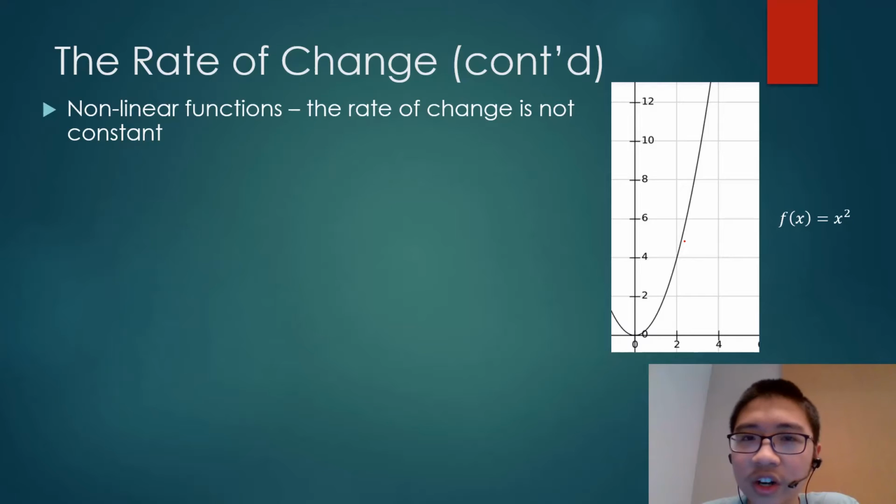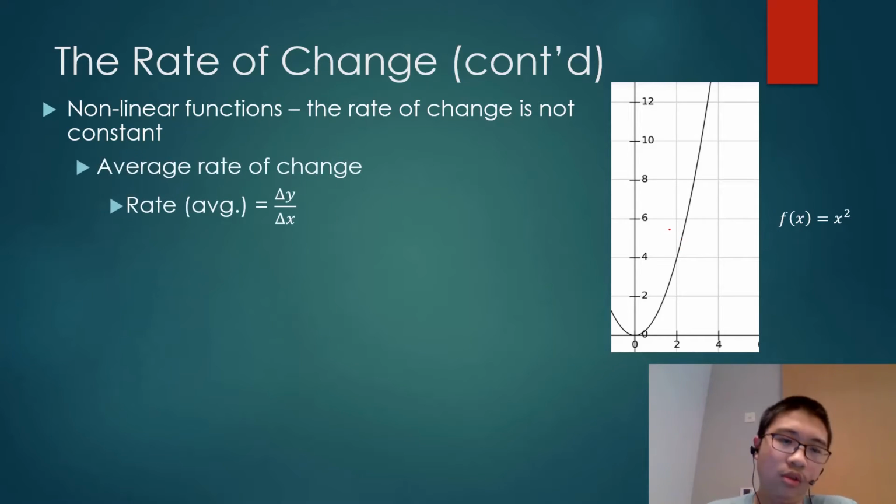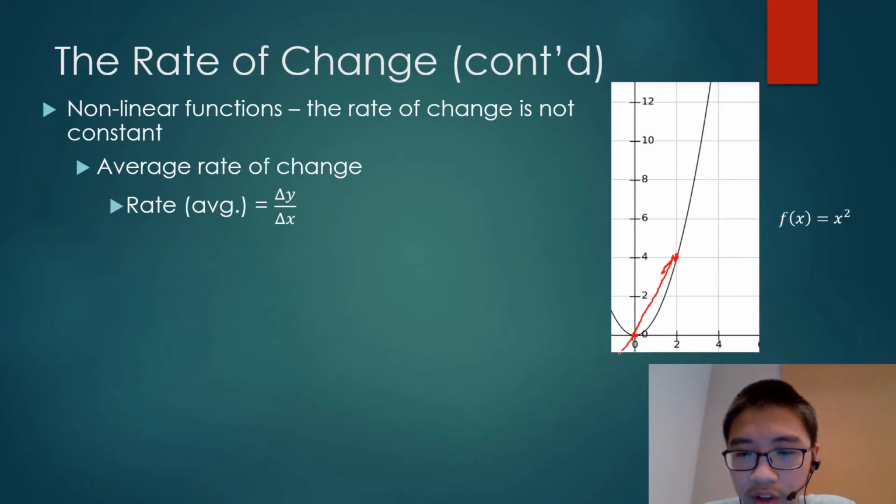So the rate of change of this function is actually not constant. Calculating the average rate of change of this function is the same as calculating the slope of a linear function. We take 2 points, for example 0, 0 and 2, 4, and connect them with a straight line. So we form a secant line.